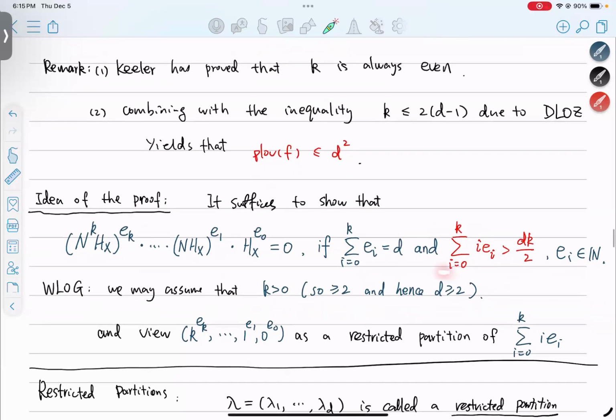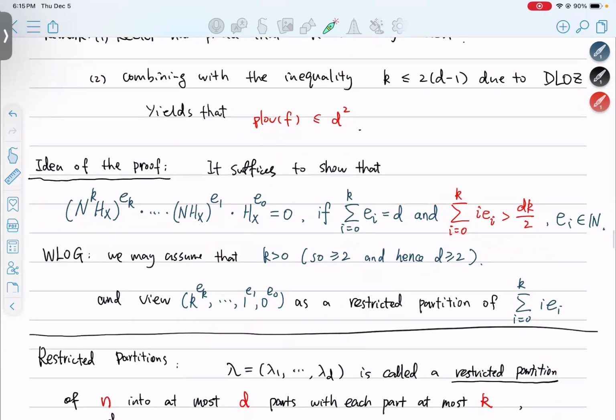Remember in that example, when k and d are equal to 2 and 3, as long as this number is very large, then the intersection number is 0, right? So now we found that this half dk is a gap. Once you close this gap, then we don't have any vanishing. But as long as this sum is larger than this gap line, then all intersection numbers vanish.